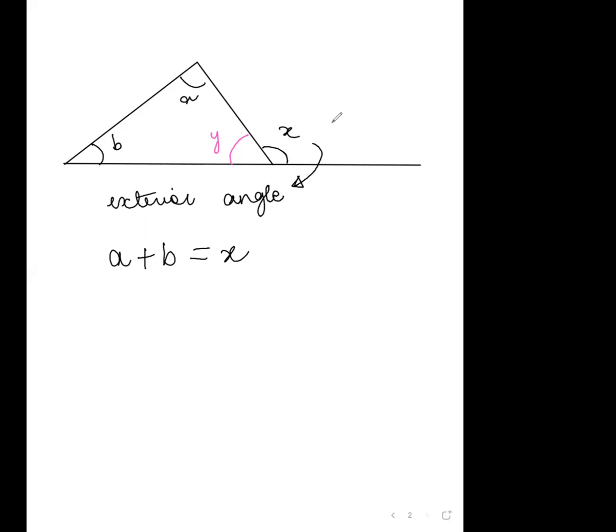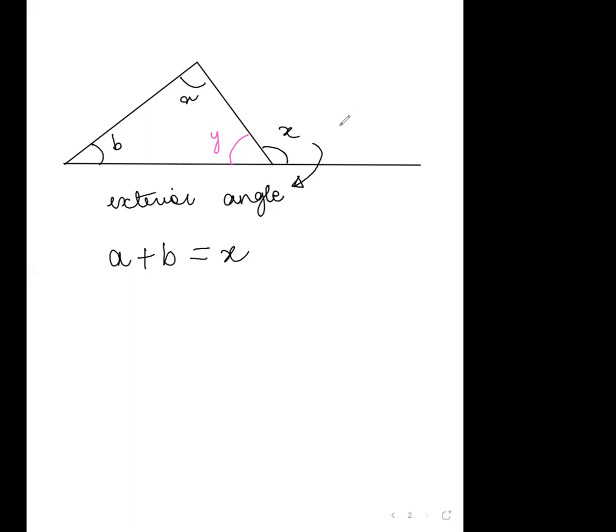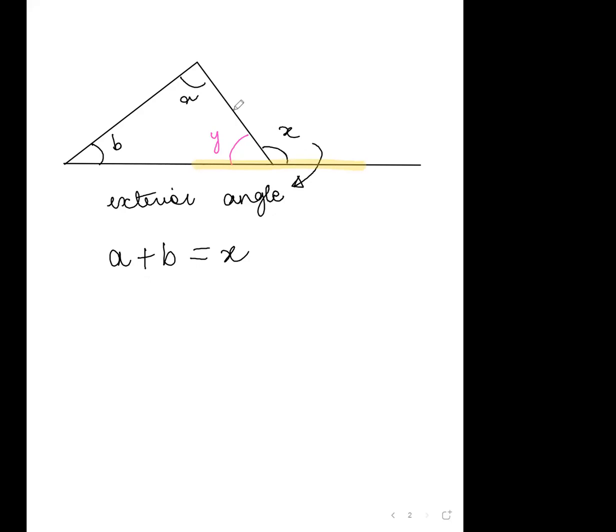corresponding angles. Hiba, do you have parallel lines over here that you're talking about corresponding angles? No. What are X and Y? X and Y form a linear pair. Linear pair, Hiba.